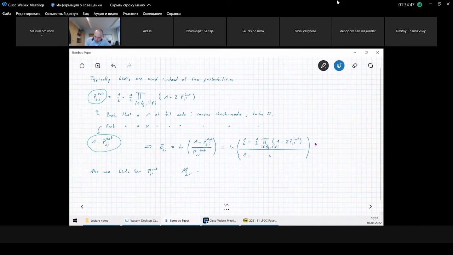So this will be the ln of 1 minus P_int I prime divided by P_int I prime.